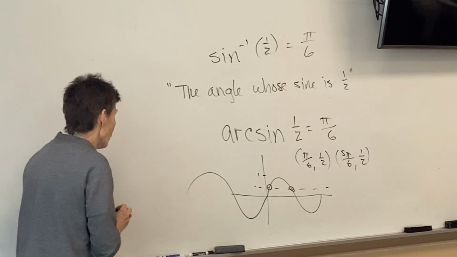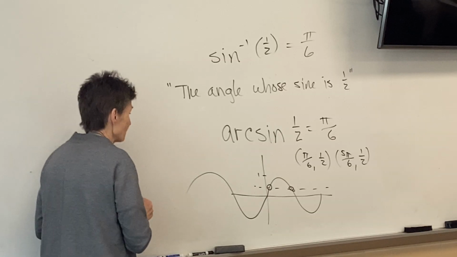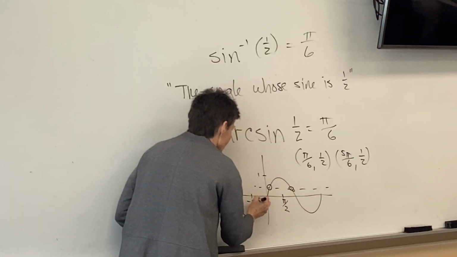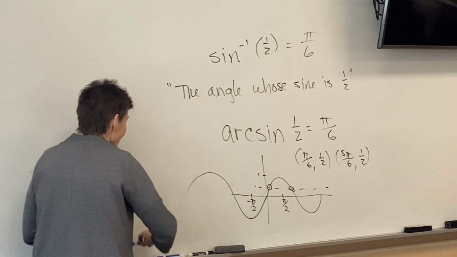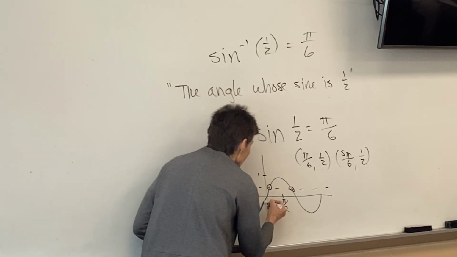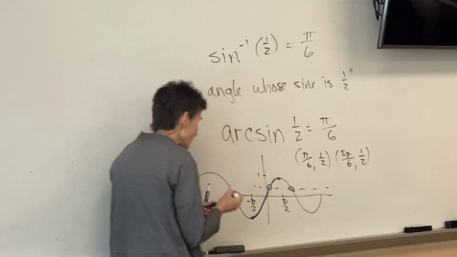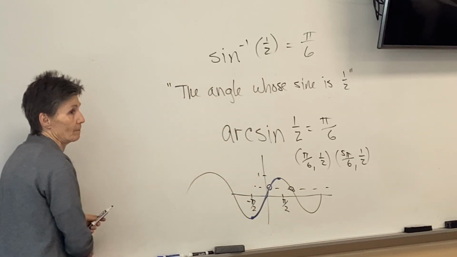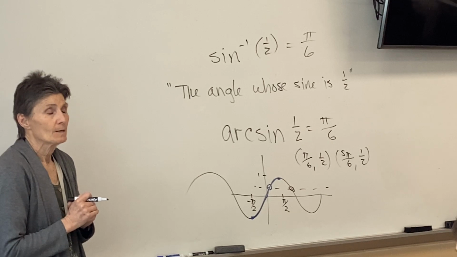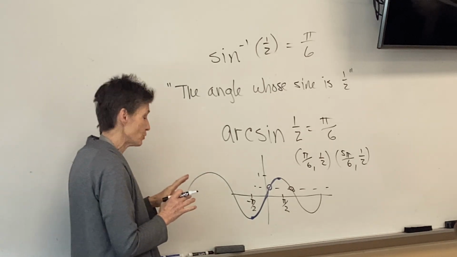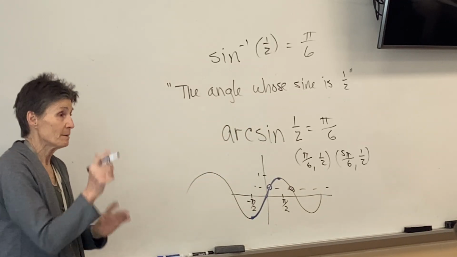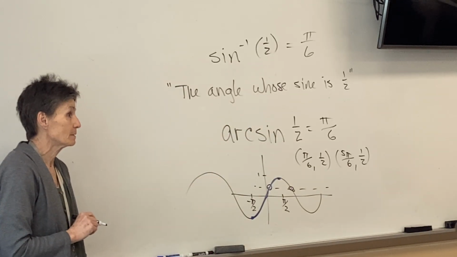So they said the only way we can prevent that is if we restrict the part of the sine curve that we look at. So instead of drawing the whole curve, what if I only drew the blue part? Would the inverse of the blue part be a function? Yeah, because it passes the horizontal line test.